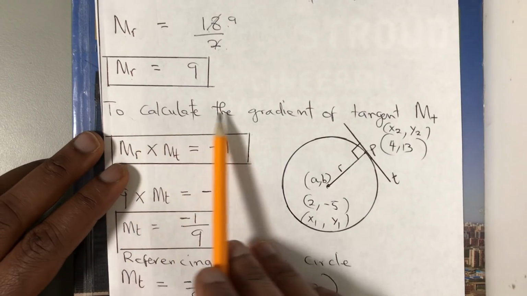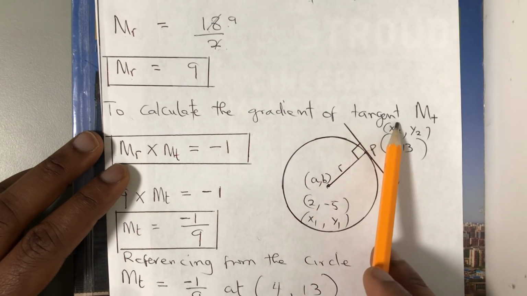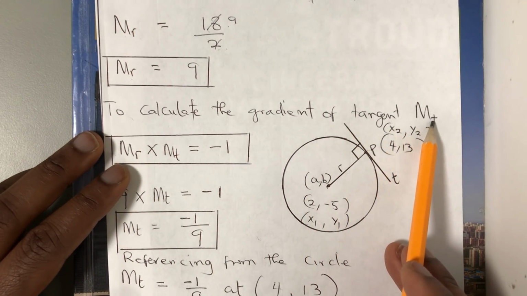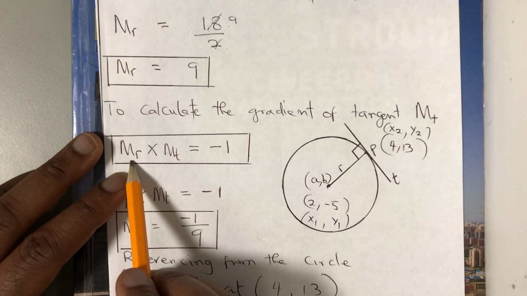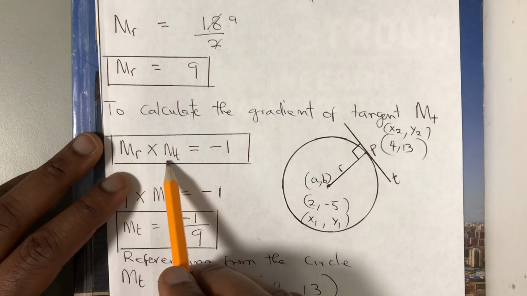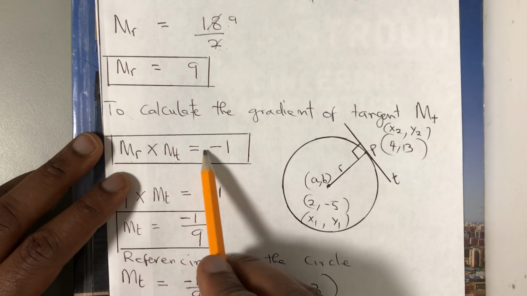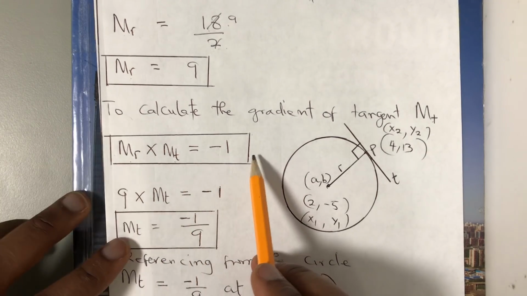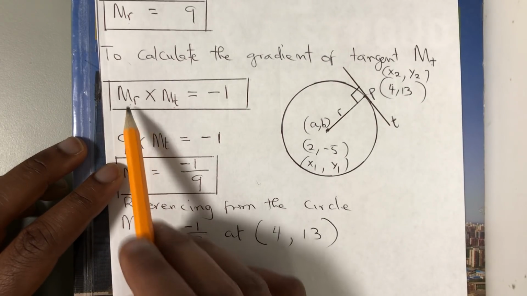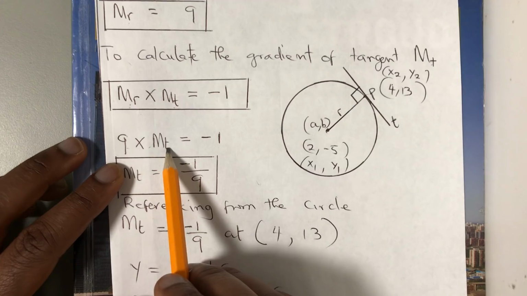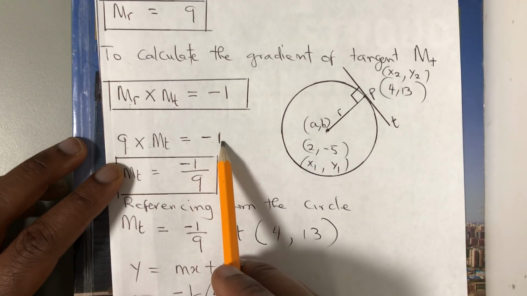From there, we calculate the gradient of the tangent, MT. The formula always says MR times MT equals minus 1. From there, we deduce that our MR, which equals 9, times MT equals minus 1.